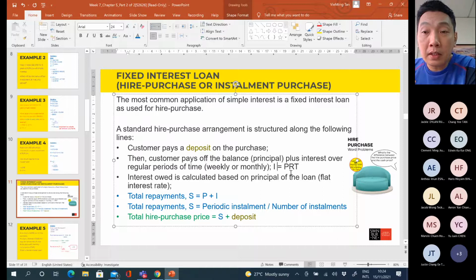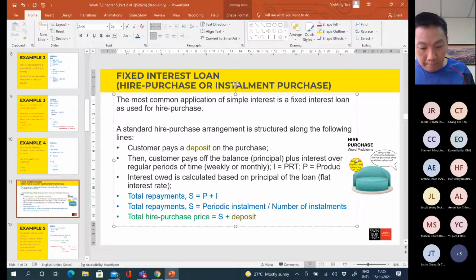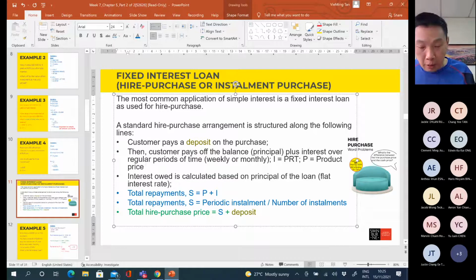It's using the same formula, PRT, but in this case, this P here refers to the price of the product minus the deposit. So bear in mind, for the installment question, this P is the principal of the agreement, which is the product price minus the down payment.